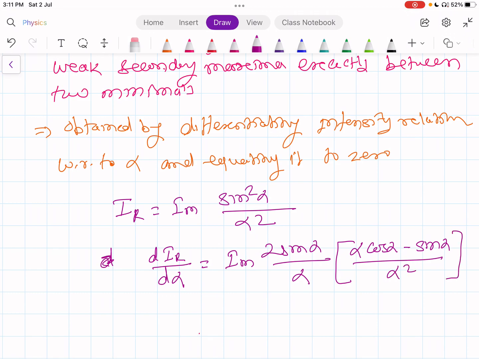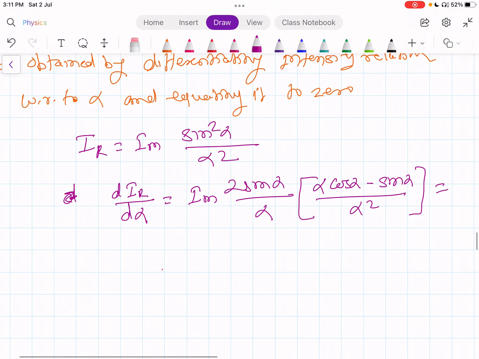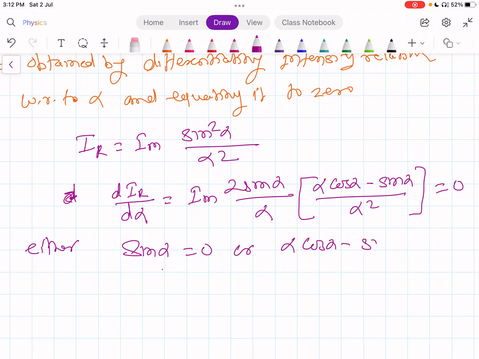So this is the differentiation of resultant intensity with respect to alpha. Now this should be 0. To get this 0, either sin alpha should be 0 or alpha cos alpha minus sin alpha should be 0.